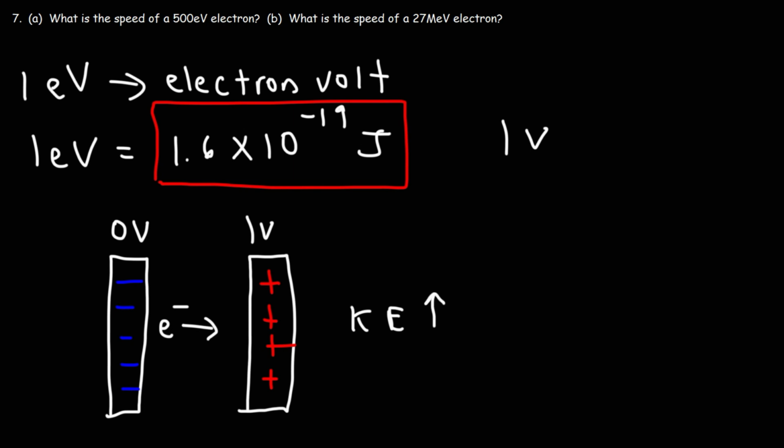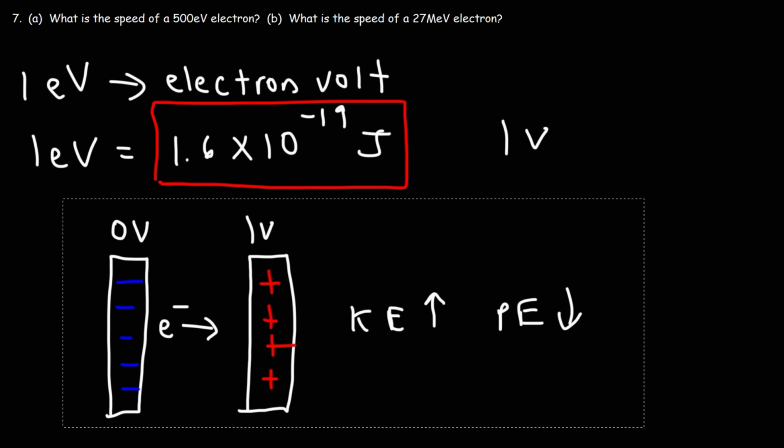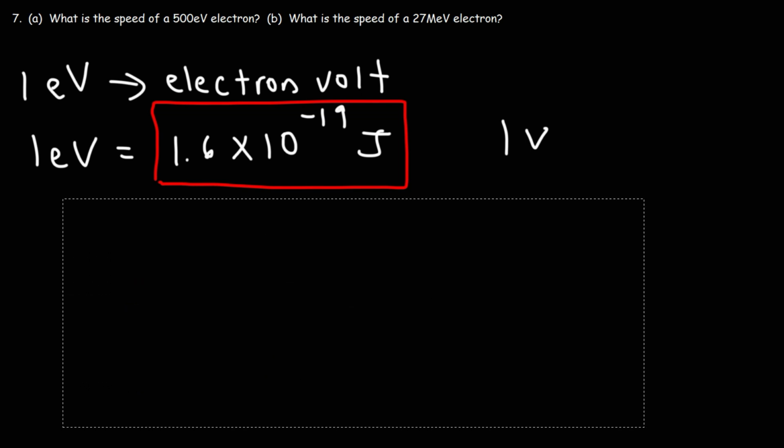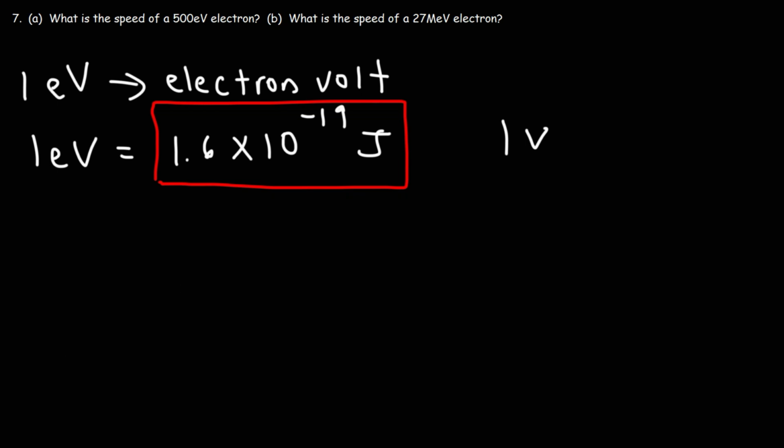And that 1 electron will acquire 1.6 times 10 to the negative 19 joules of kinetic energy. At the same time, it's going to lose 1.6 times 10 to the negative 19 joules of potential energy. So that's the change in energy that the electron either acquires or loses, depending on which energy you're talking about, when it is accelerated through a potential difference of 1 volt.